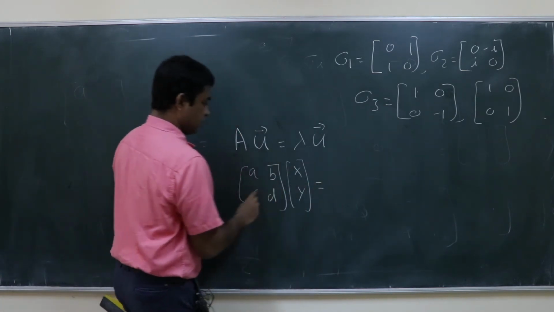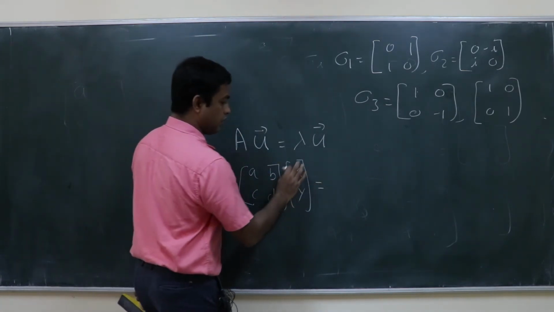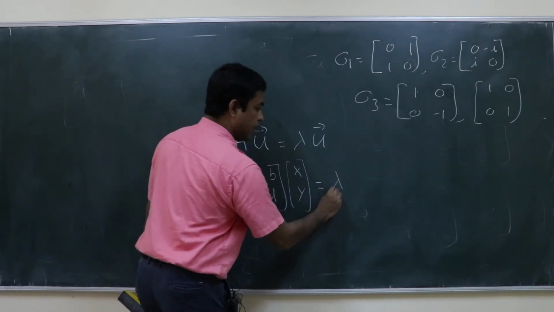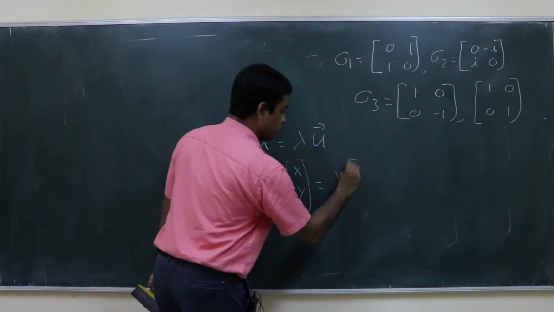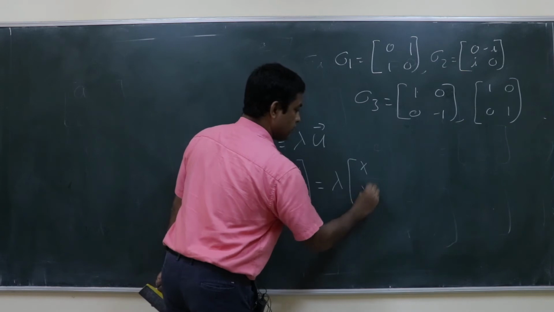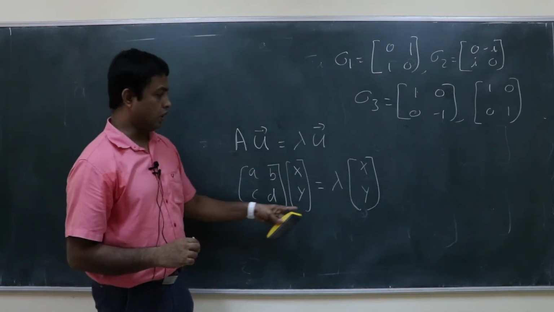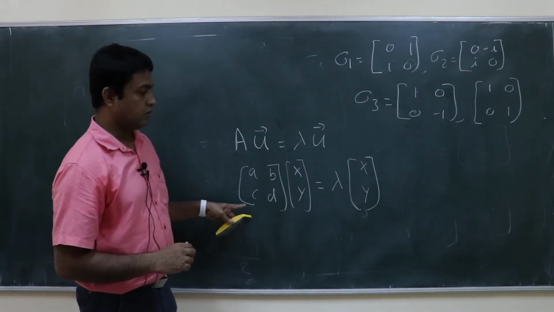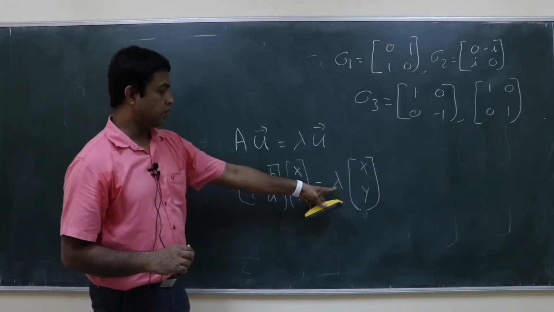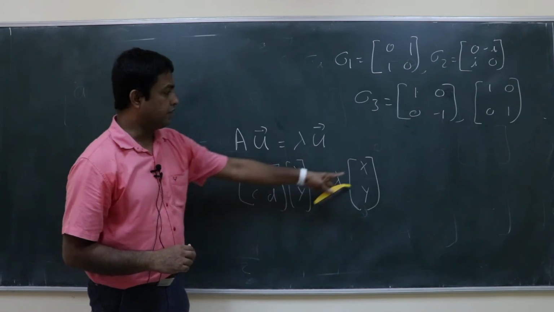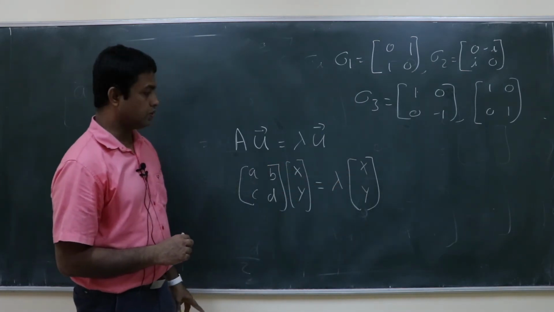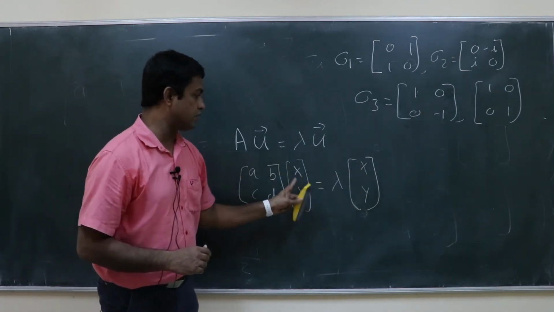If the matrix times this unknown column gives lambda, the eigenvalue, times x, y, then lambda is the eigenvalue and u is the eigenvector.